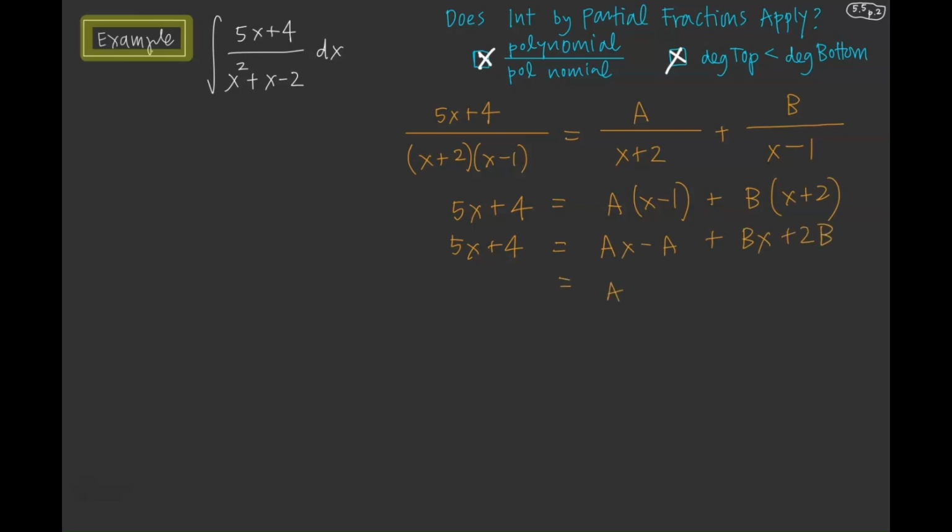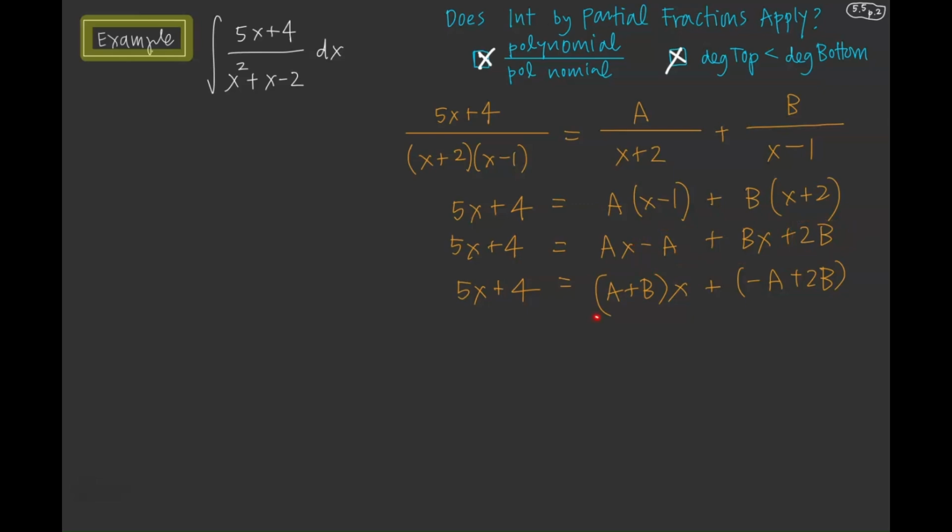This equals A plus B times x plus negative A plus 2B. And this part on the left side is staying the same. So I've expanded everything out, and then I collected any term that had an x in it right here and kind of factored out the A plus B. And then I collected any constant term and put those together.